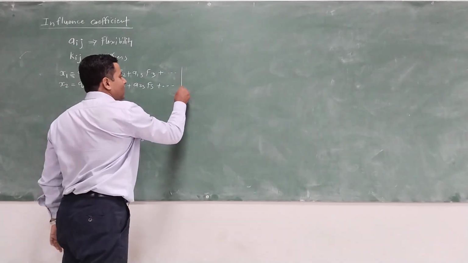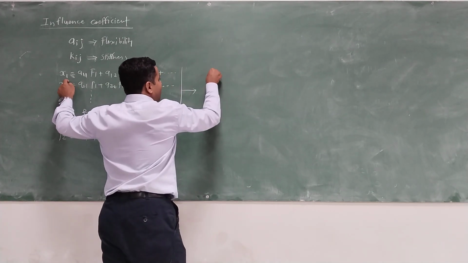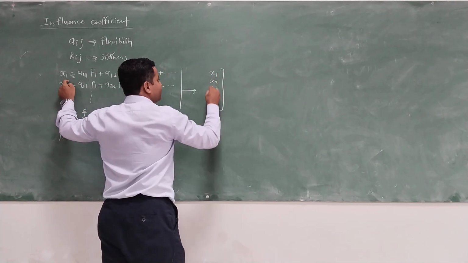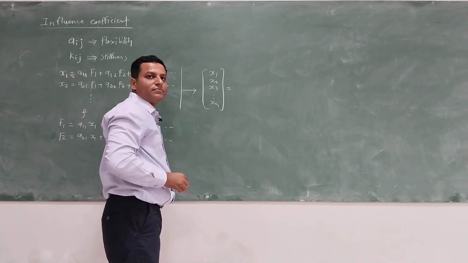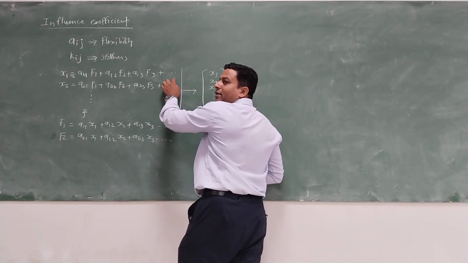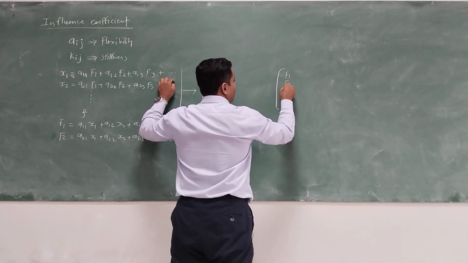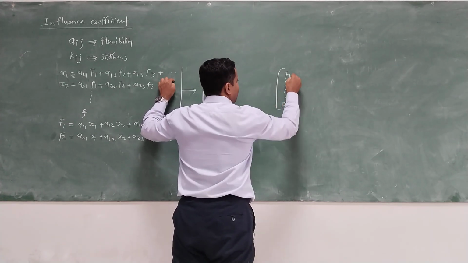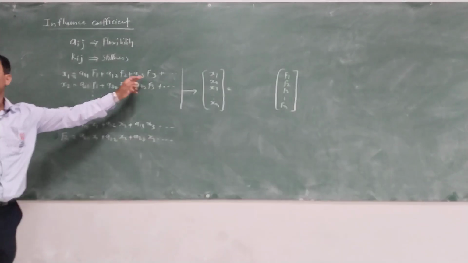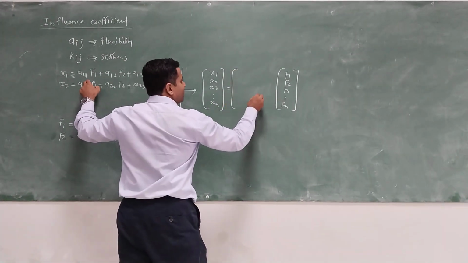If I want to convert all these equations into matrix form, then the matrix will be x1, x2, x3 till xn. Here we are having f1, f2, f3 till fn, and along with this F, it is multiplied by A. A means influence coefficient.